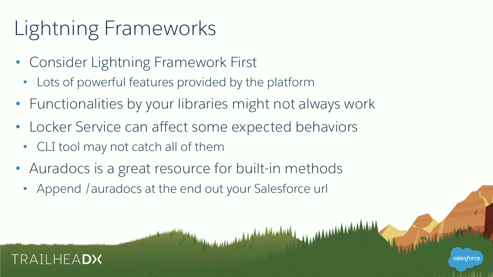But really, sometimes certain functionalities of your library just won't work properly. And that's totally acceptable. We have different options around it. I'll go into that in detail in a bit, but really it's about testing your libraries, making sure you know what works and what doesn't, and if it doesn't, check out Lightning framework first, because likely we'll have some things there for you to fill the gap.